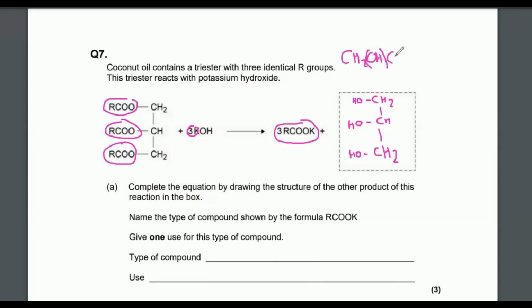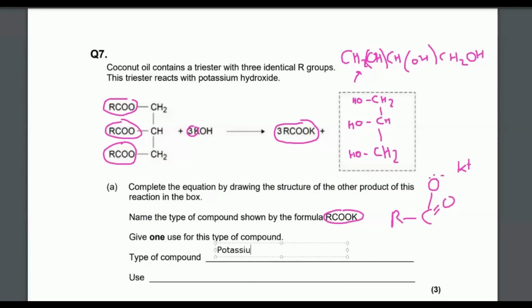And the next part of the question, we've got name the type of compound shown by the formula RCOOK. So you have to really look at what that is. That is some sort of carboxylate ion, and it's got a potassium. So potassium carboxylate, or we could just call it a potassium salt. Okay, and you get these when you break up an ester with base hydrolysis.